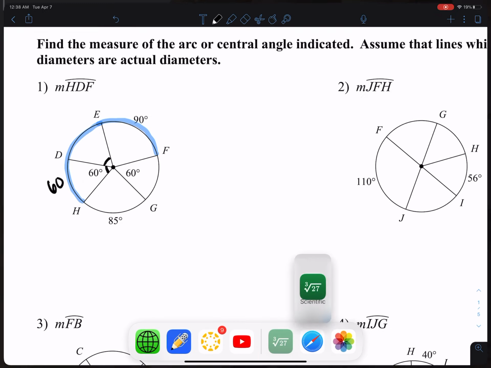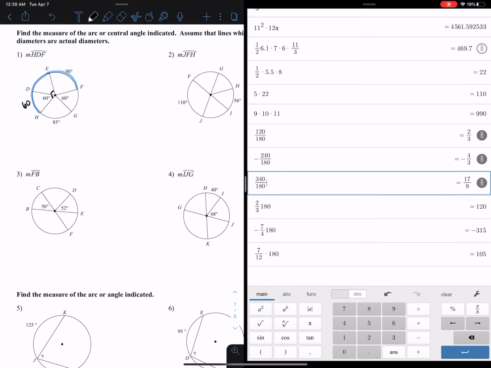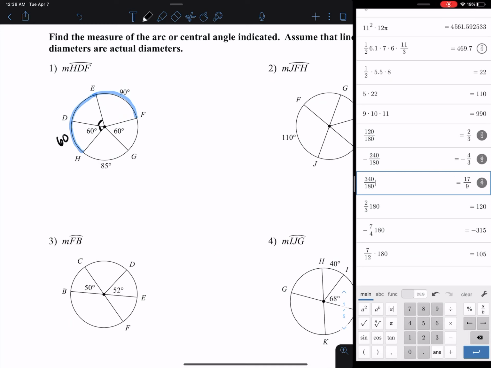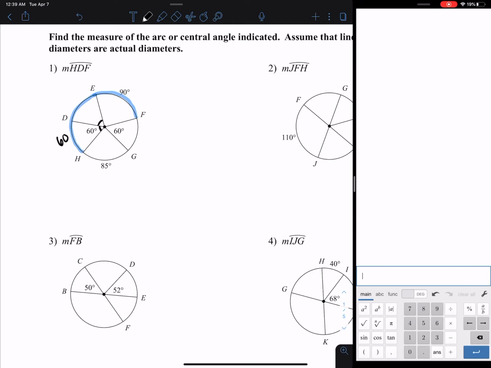I'm going to put the calculator over here. So 360 minus 90 minus 60 minus 85 minus 60.